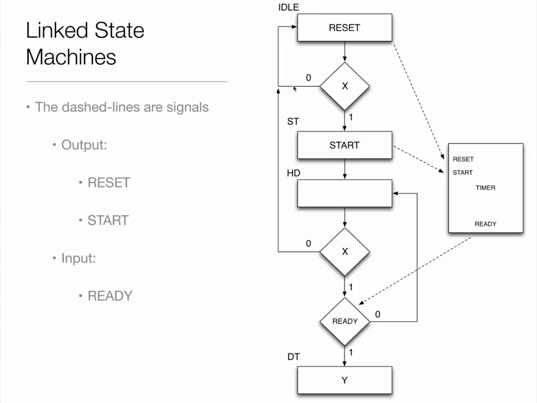If the user holds the button and the timer hits the 256 state, ready will go high, and that forms this input here. So if you're holding the button down and ready is not high, we just stay in this state. But if the button's held down and the timer goes off, we go to the DT state and set Y to 1. And that's detected our condition.